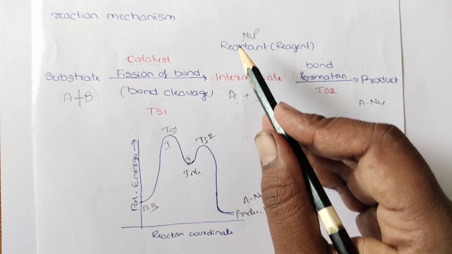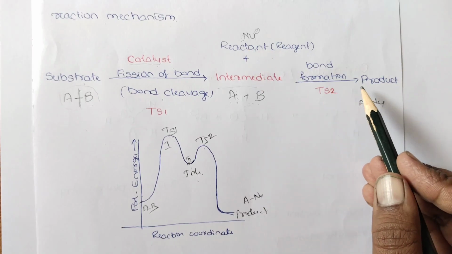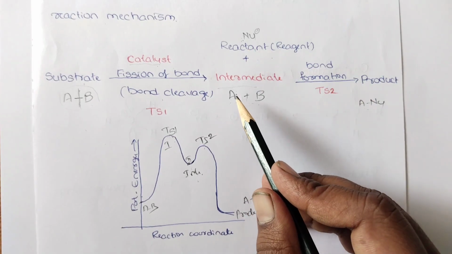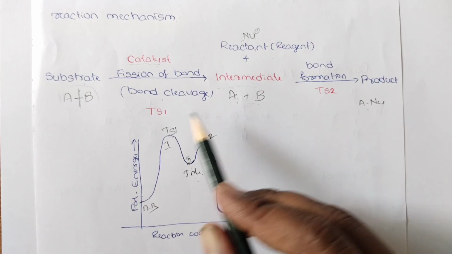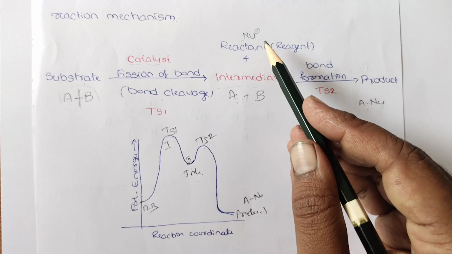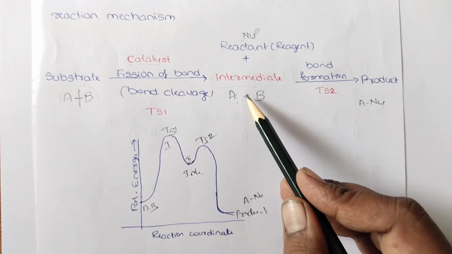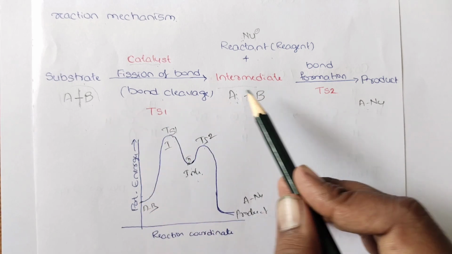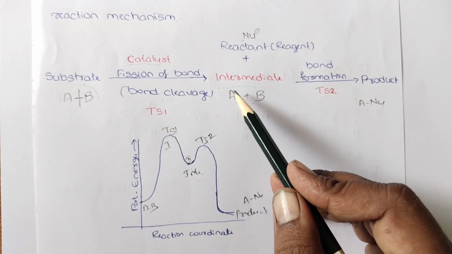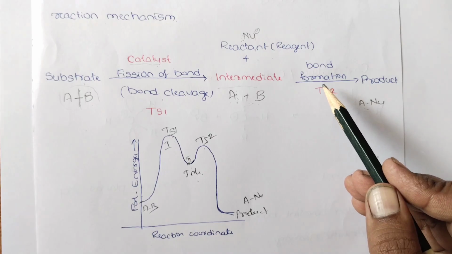Then that will easily react with the nucleophile or another reactant going to give the product. If these intermediates are less stable, then the intermediate formation is weak, so the rate of the reaction will be less.